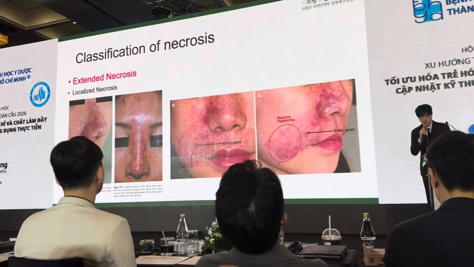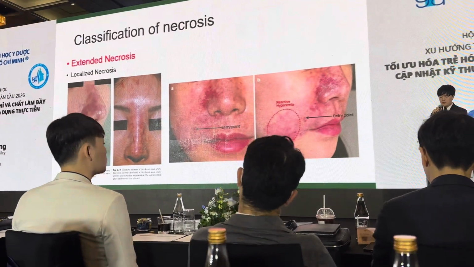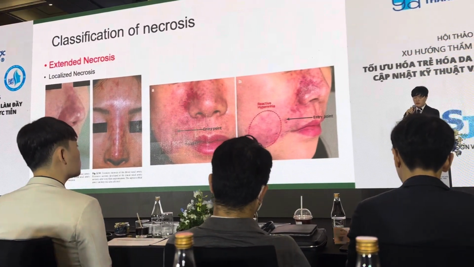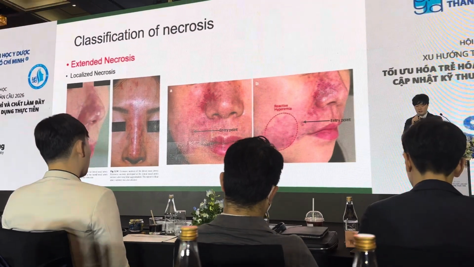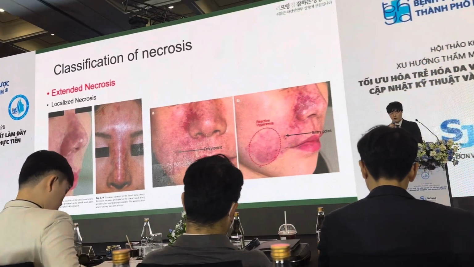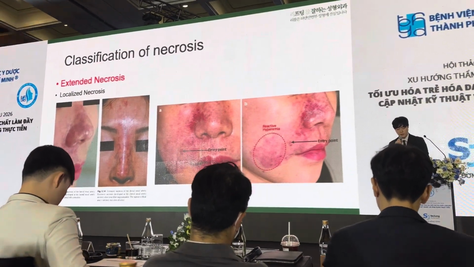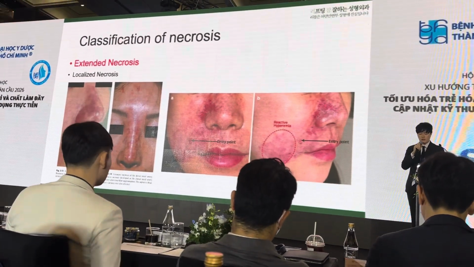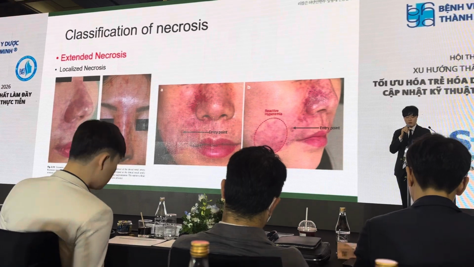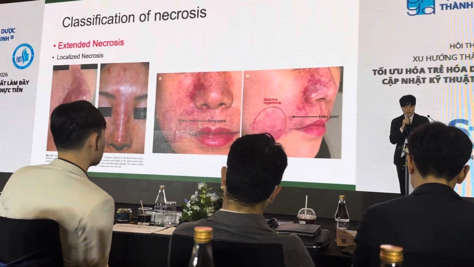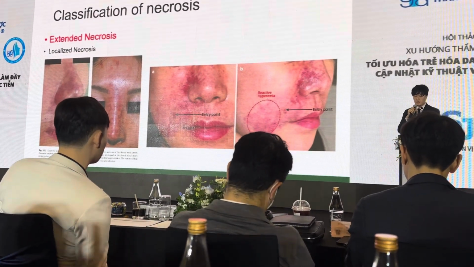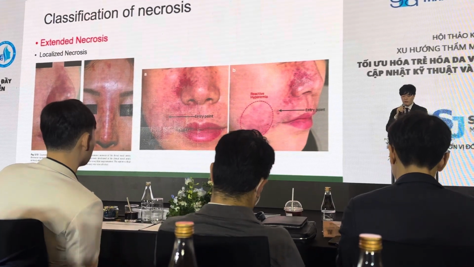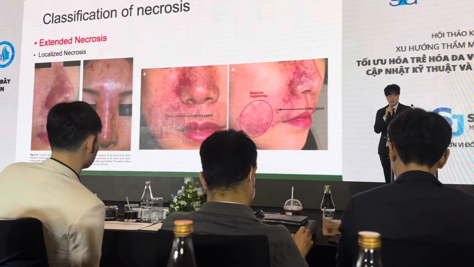For example, in the left image, necrosis developed along the lateral nasal artery after nasolabial fold injection. In the right image, necrosis is spreading along the dorsal nasal artery following nasal filler injection. Both cases clearly show the branching redness and spreading pattern of necrosis.